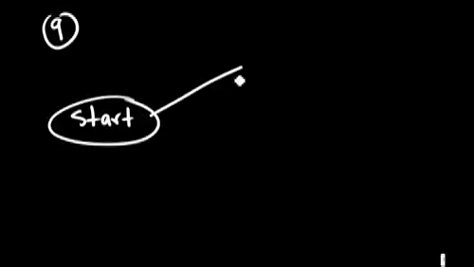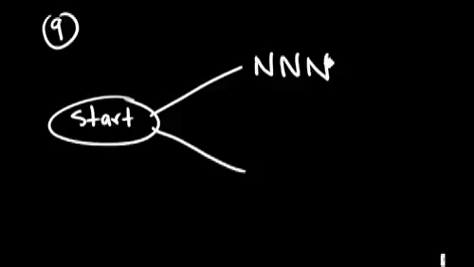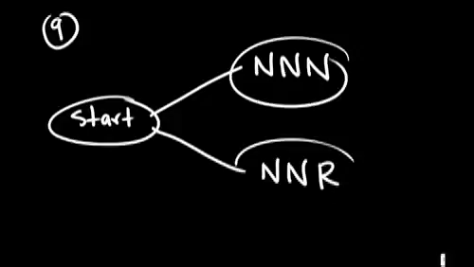So the likelihood is 50-50 or 0.5. It could be either 3 normal pups, N, or 2 normal pups, N, and a runt. These 2 outcomes form your sample space.